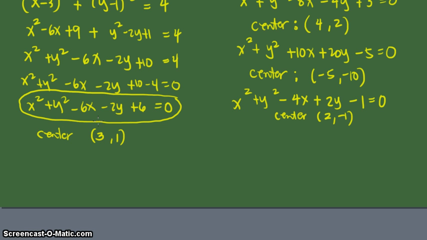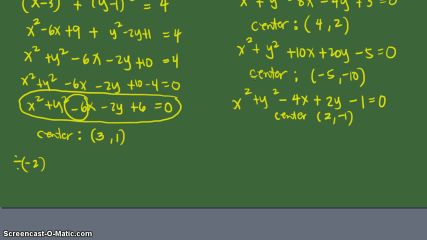The center of the circle, if the equation is in this form, can be obtained when you divide this number by negative 2. Okay, so look at it. Negative 6 divided by negative 2 is equal to positive 3. And the y will come from this procedure also. Negative 2 divided by negative 2 will be positive 1. So that's how we can get the center.